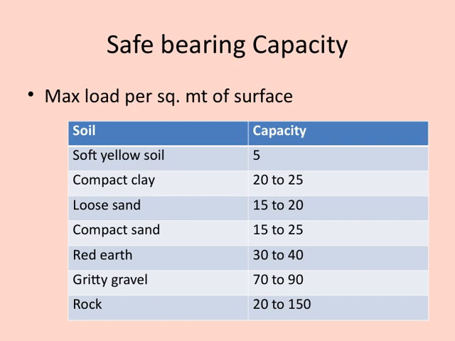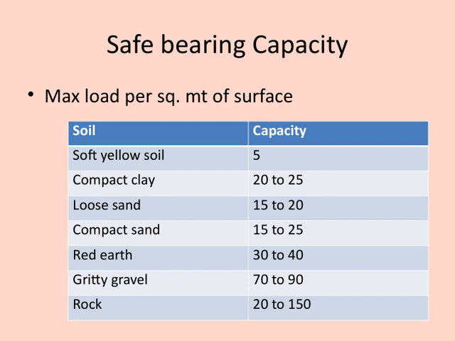Soft yellow soil has a relatively low capacity of about 5 tons per square meter, which means it can support only light loads. In contrast, compact clay can handle between 20 to 25 tons per square meter, making it more suitable for heavier structures. Loose sand supports around 15 to 20 tons, while compact sand can bear slightly more, from 15 to 25 tons.